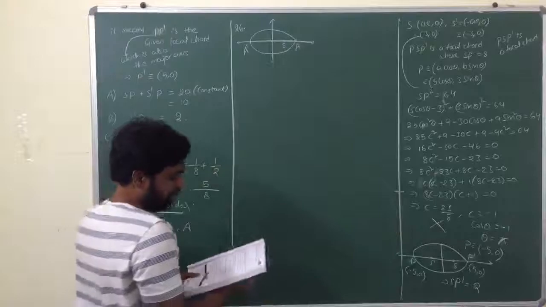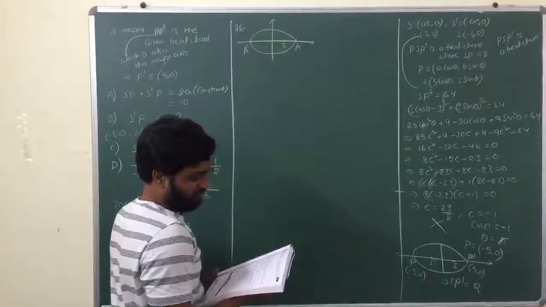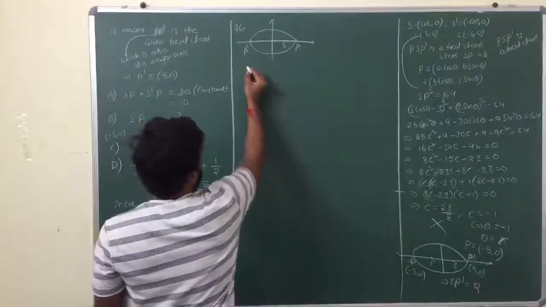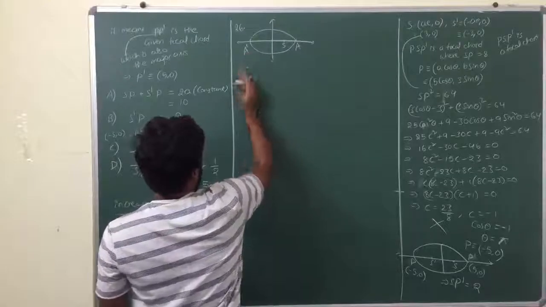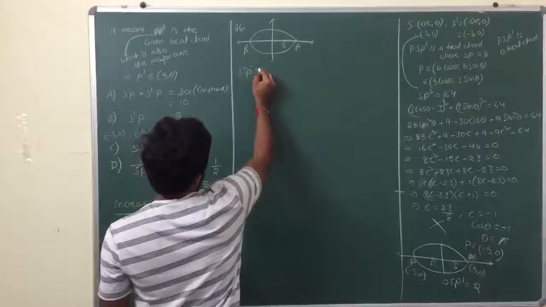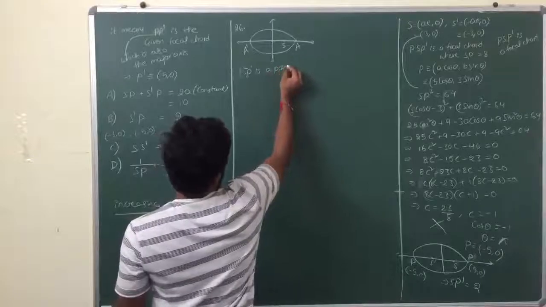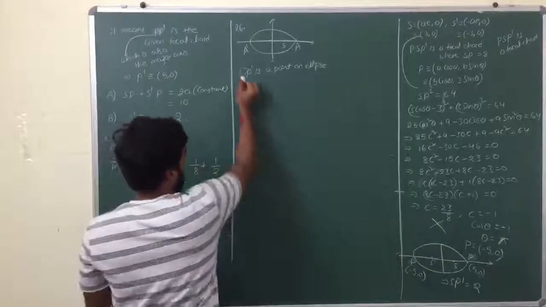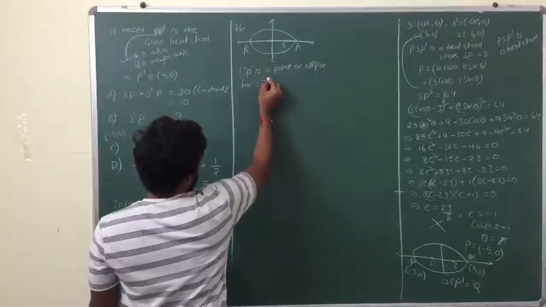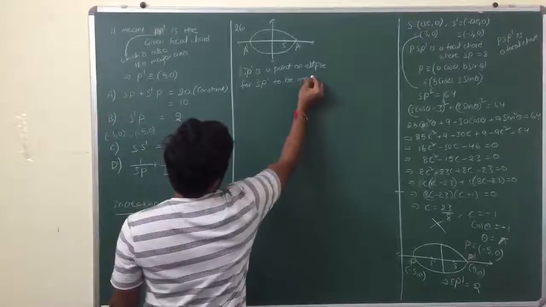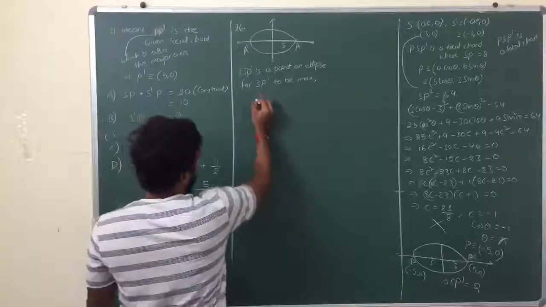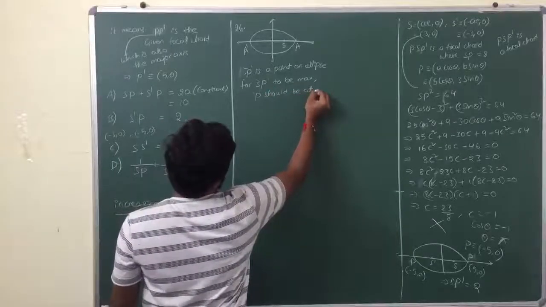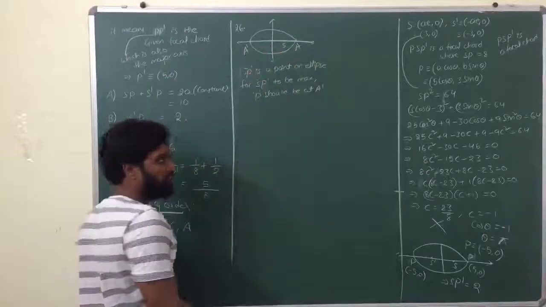Now, maximum value of SP. S is the focus and P is a point on the ellipse. For SP to be maximum, P should be at A dash, no other option.